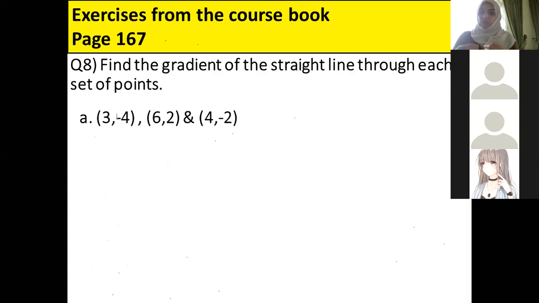Try to work it out on your notebook, and then we will answer it together. I'm just giving you a chance to read the question carefully, check the points, and try to apply the rule that we've just talked about. Remember, it's the change in y divided by the change in x.